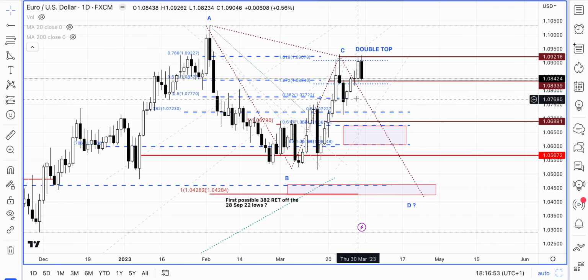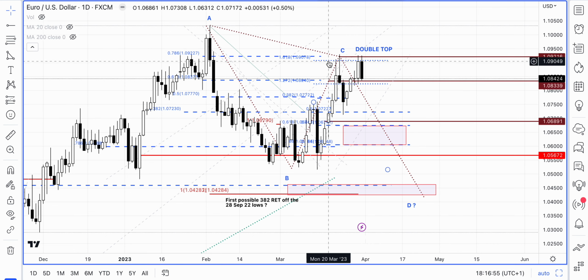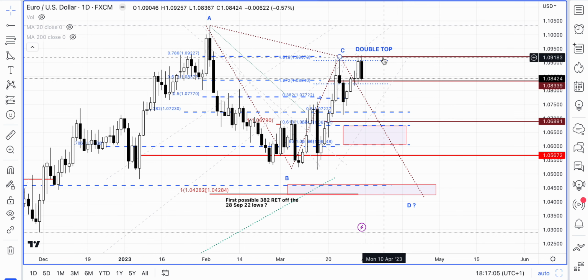However, what happened is price has actually gone and tested these highs of 23rd of March 2023 one more time, and it was not able to successfully take that level out, and in fact it formed a double top.